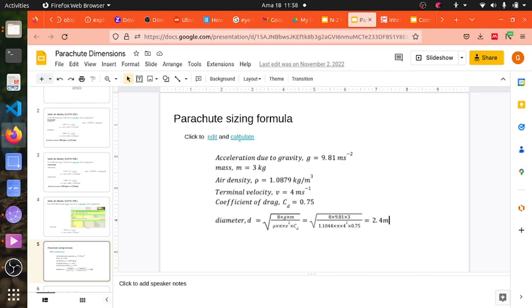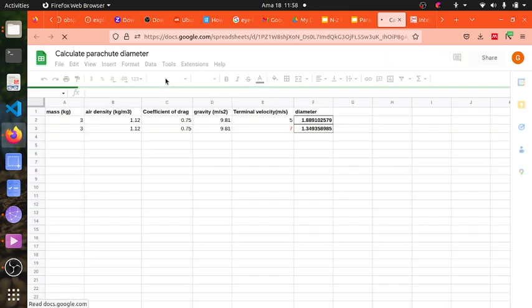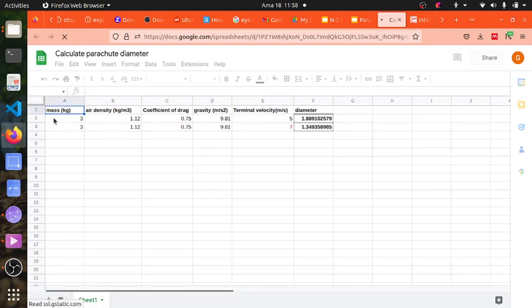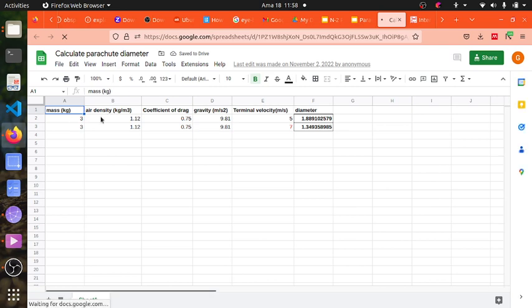So we made an Excel formula to help you calculate this. What you do is you feed it the parameters. For instance, the mass of your rocket, like in this case is 3. The air density in Isiolo is that. The coefficient of drag, we normally want it to be 0.75 going up.